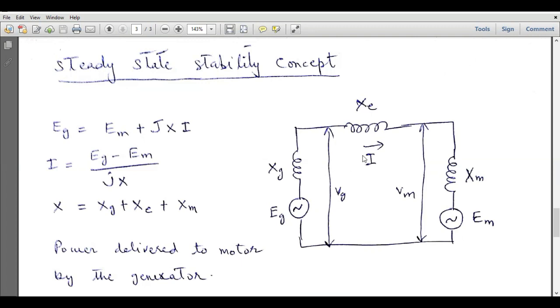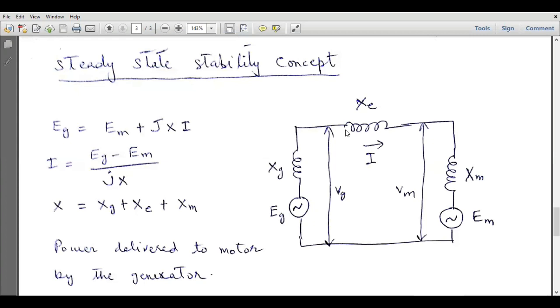So in this case, the current flowing between the generator and the motor, I, will be equal to Eg minus Em divided by jX, and X is the total reactance of the system. Okay, so X is equal to Xg plus Xe plus Xm.